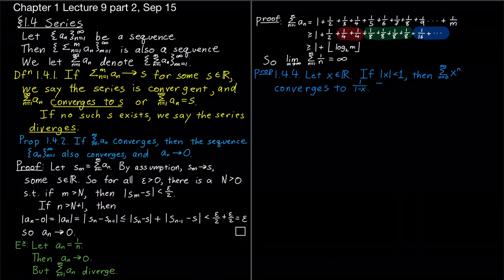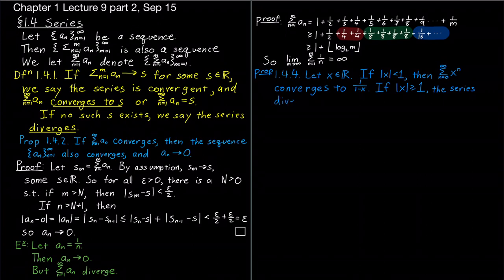And if the modulus of x is 1, if it's 1 or minus 1 or bigger than 1 or less than minus 1, the series diverges. All right, and let us go ahead and prove this.